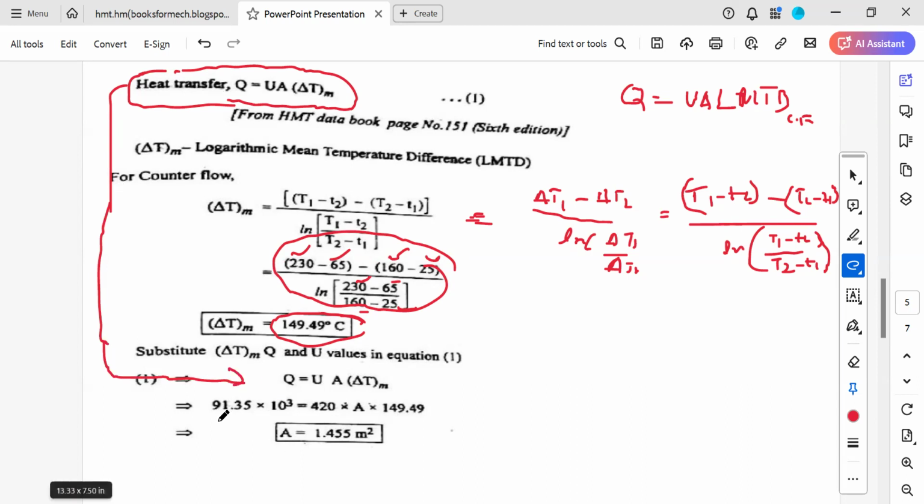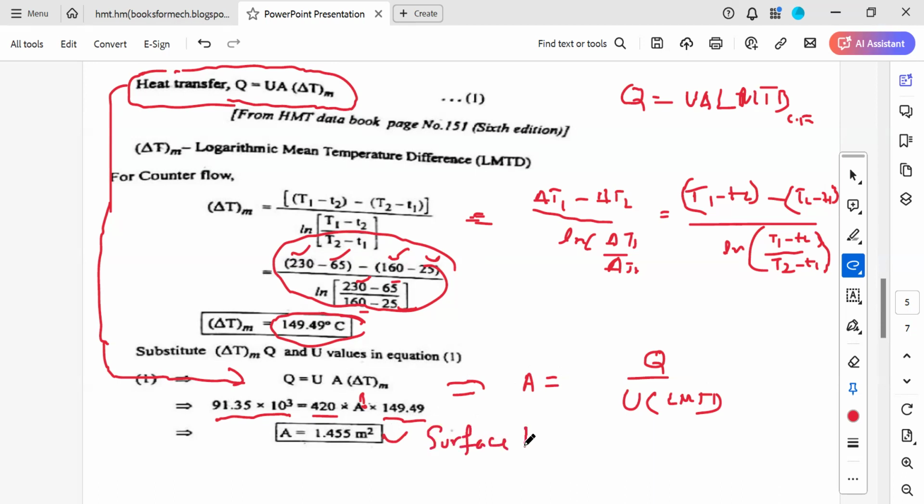Q is already calculated as 91.35 into 10 power 3, U is given as 420, the area we need to find, and LMTD is 149.49. So A equals Q divided by U into LMTD, and the surface area comes to 1.455 square meters. This is the surface area of the heat exchanger.